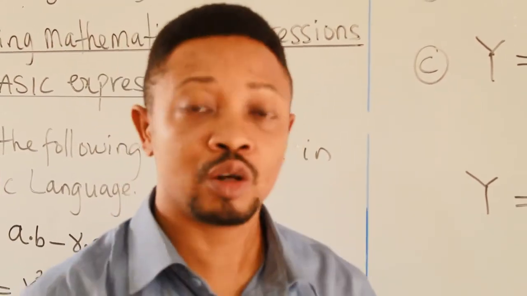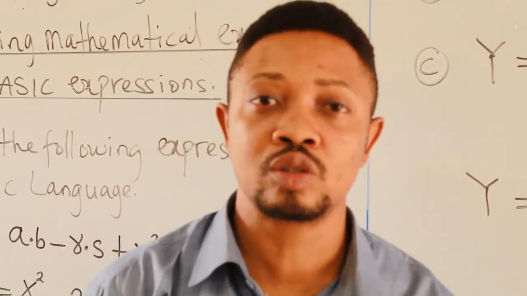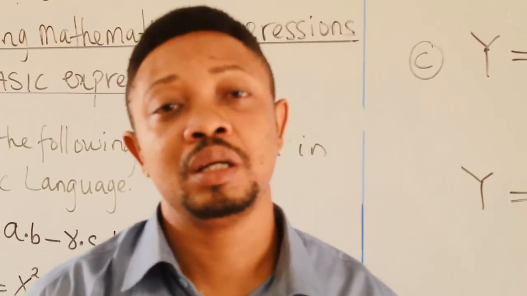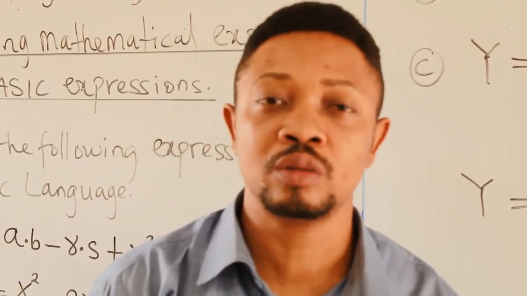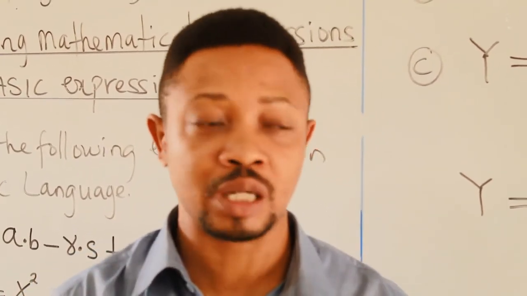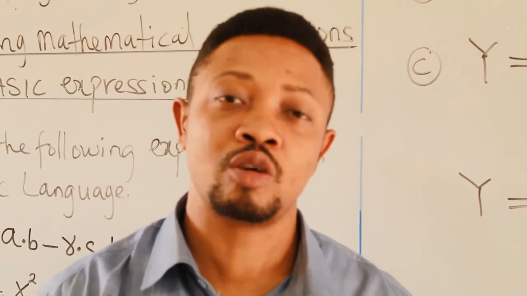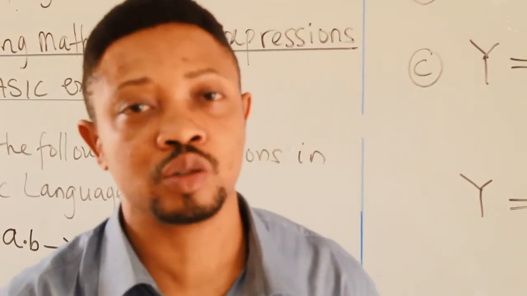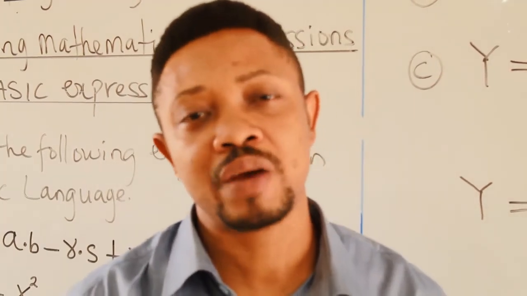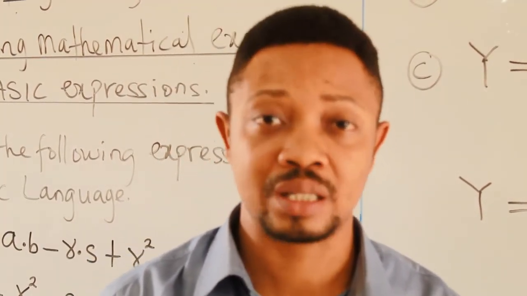And then we looked at how to simplify expressions using BEDMAS, which is simply the bracket, the exponent, division, multiplication, addition, and subtraction. While evaluating these expressions, you must follow BEDMAS, the order of hierarchy, which we call precedence.